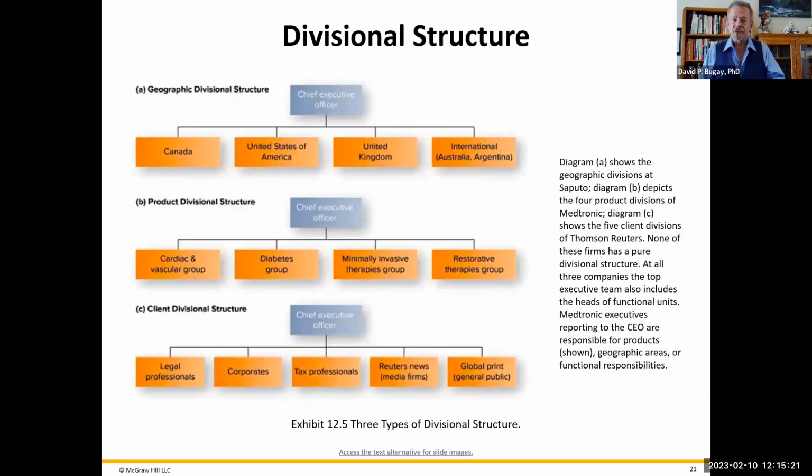Here you have a picture of a divisional structure, and it depends what you're doing. On here, you may have people building stuff in North America, and you may have somebody similar to that building stuff over in Europe, and somebody similar building stuff in India, and somebody similar building stuff in Taiwan. It just depends on your geographic divisional structure, how you want to have that set up.